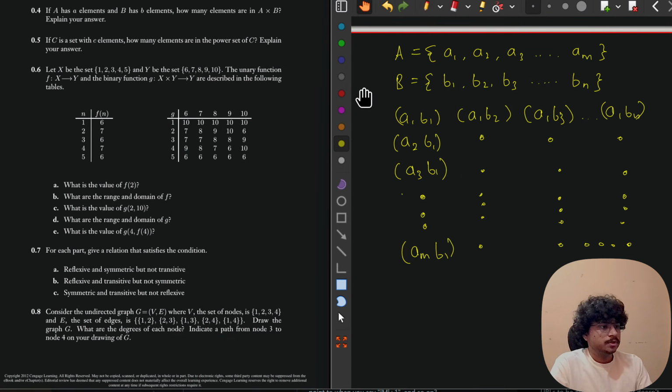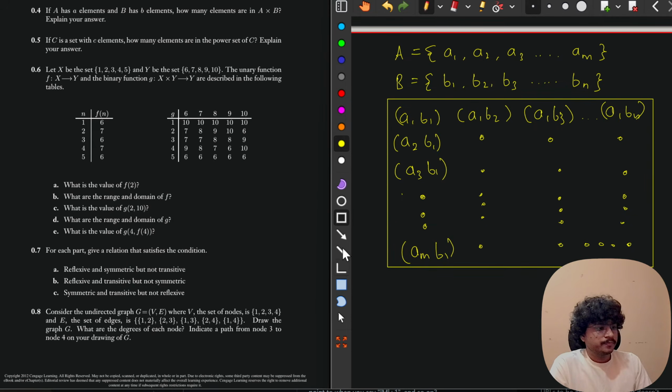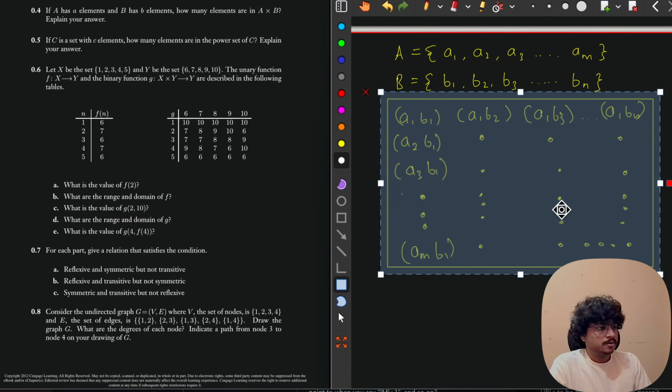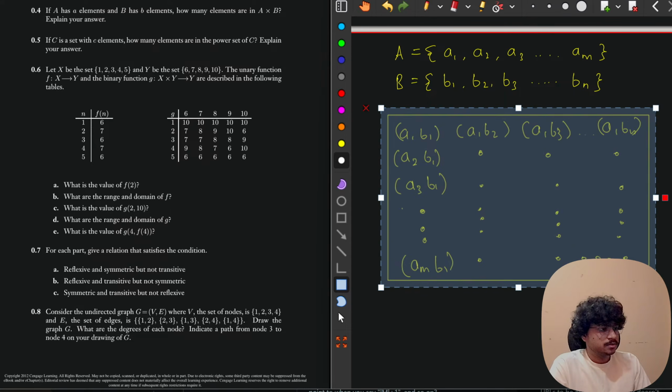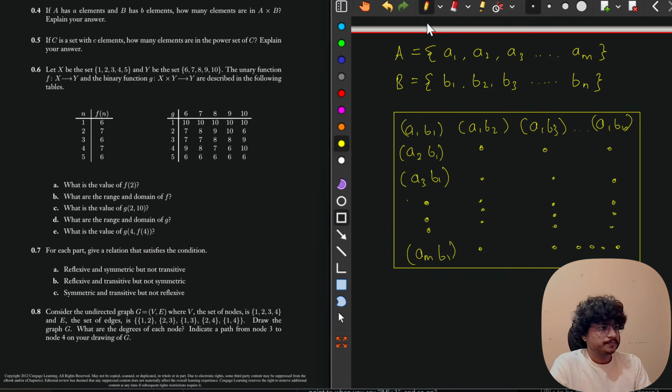Ah, so here I have a simple rectangle, and that rectangle has n columns and m rows.